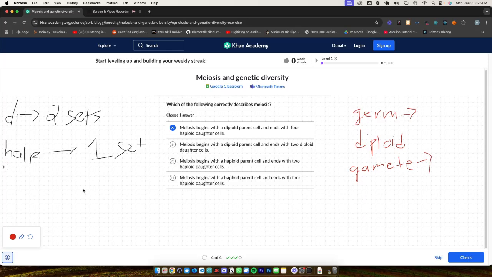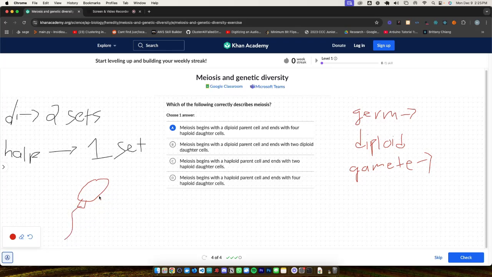If this gamete were ever to fertilize with the mother or the father cell, depending on who we're talking about. So, for example, let's say we're talking about a sperm cell. I'll draw a little sperm cell here.